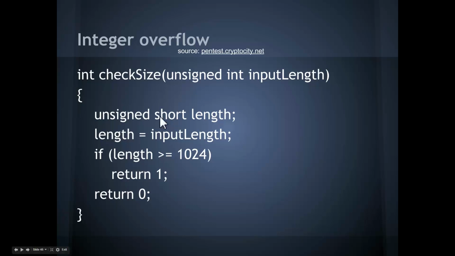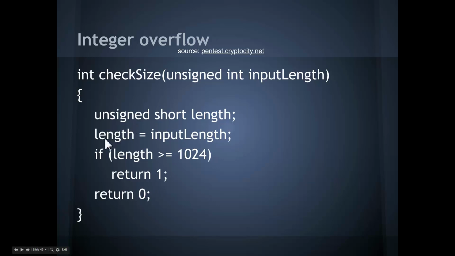In this case, we're taking in an integer, and we have a temporary value that's a short, so we're putting the integer into a short, which truncates it. That loses information, and perhaps we're looking for things greater than 1024, and if so we'll return 1.